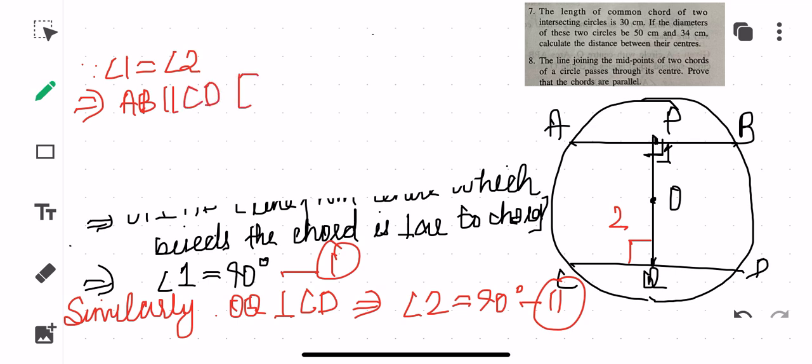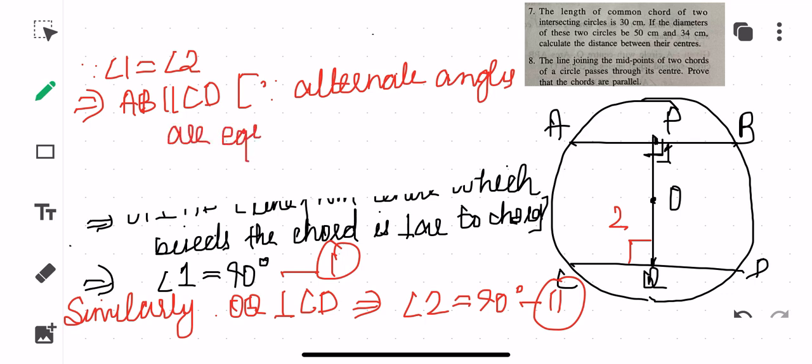Because, children, since alternate angles are equal, that's it. Okay. So alternate angles you are getting as equal. So therefore the lines will be parallel. Alright. So this was a very easy one, children. You only need to prove that since it's passing through center and it is bisecting the chord, therefore it is perpendicular to the chord.